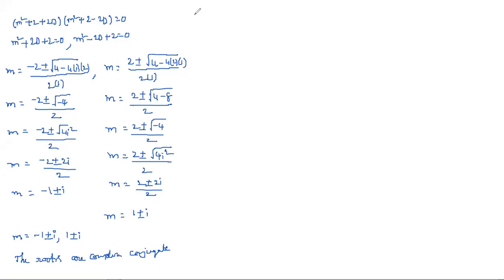Now we can write the complementary function or the general solution. The complementary function is yc is equal to, for the first one, alpha is nothing but minus 1. So e power minus 1 into x, c1 cos x plus c2 sin x.